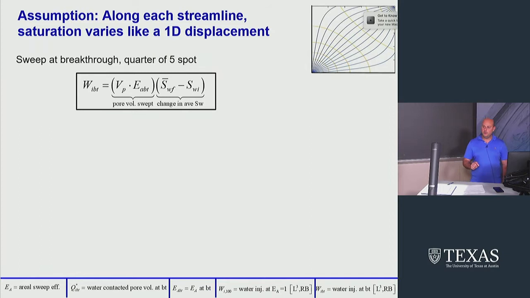However, and this is very important, in the areas that have been swept, we haven't produced all the oil we can, at least not at breakthrough, right? You would continue to do that. And so the change in saturation is this average saturation at the front minus SWI.